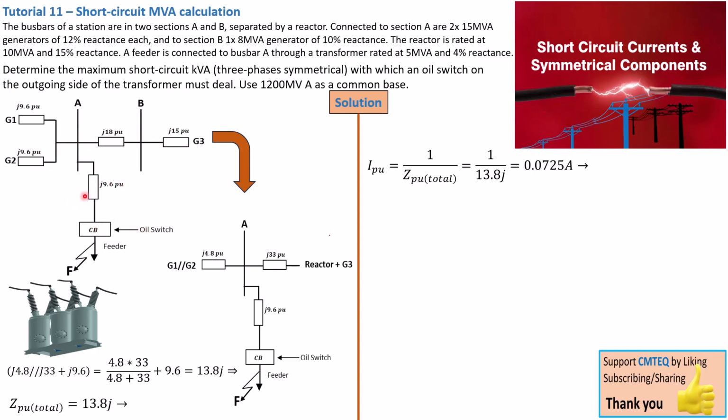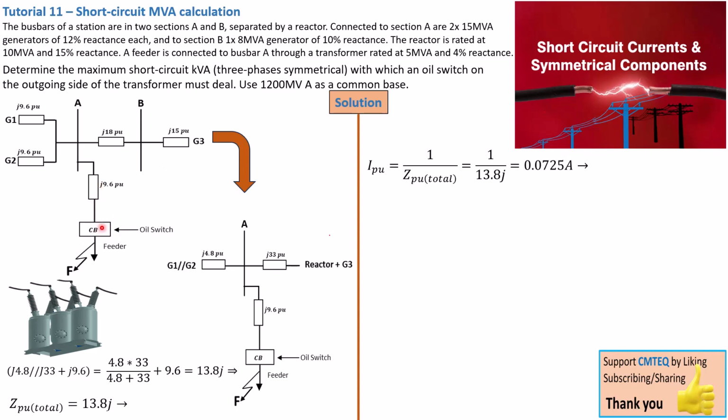But now we don't know the rating of the transformer. We know the rating of the transformer, as they specify here, is a 5 MVA transformer with a 4% per unit reactance. So that was good for us to find the 9.6 per unit, the new per unit, based on the new base MVA.